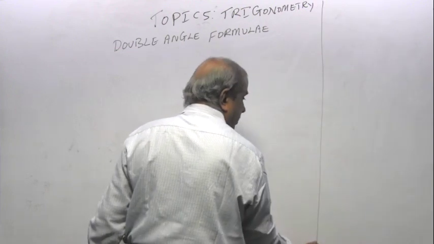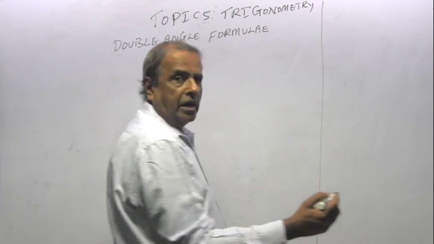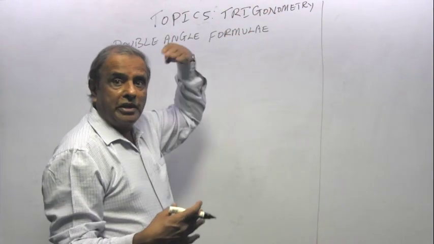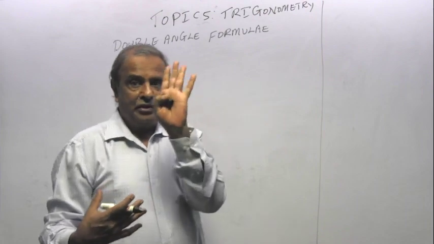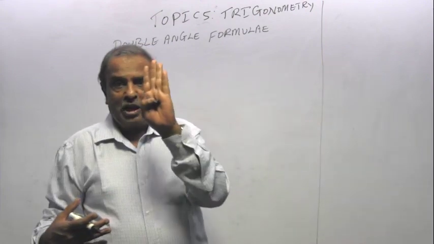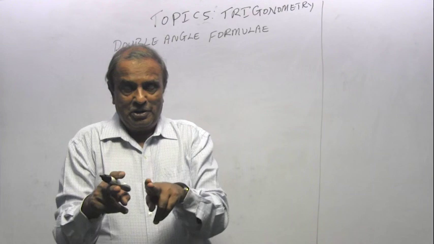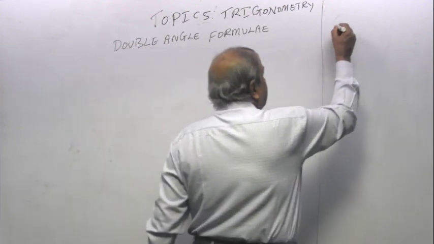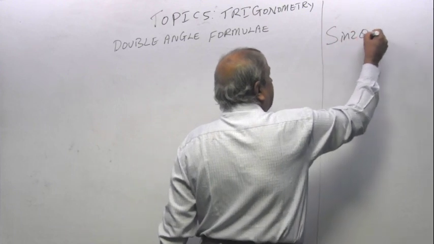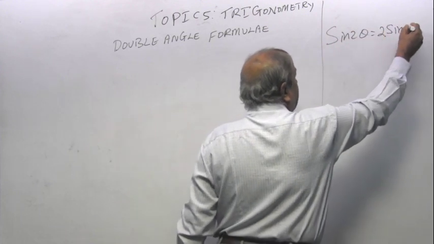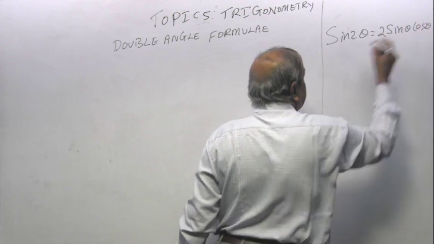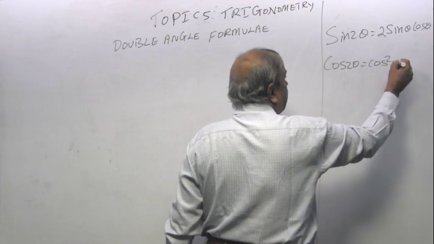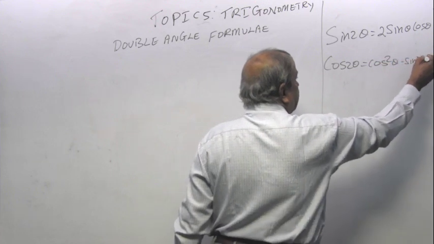So for my reference, I will write down the formula so that it's in front of you. As I said, if you're not comfortable with that, I hope you have prepared that sheet of formula or your memory card. Use it. Sine 2 theta equal to 2 sine theta cos theta. Cos 2 theta equal to cos squared theta minus sine squared theta.